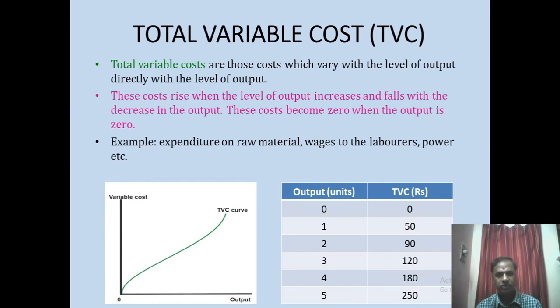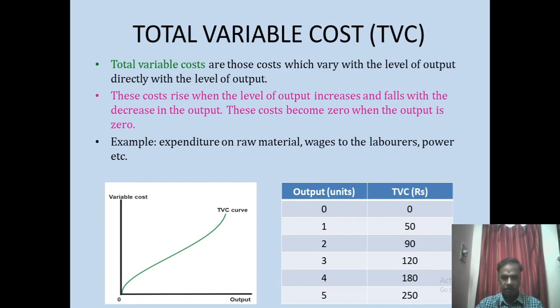You see this. This is the total variable cost curve. We studied that the shape of total fixed cost is parallel to the x-axis, whereas the shape of the TVC is S-shaped. It is increasing, positively sloping. It is S-shaped.